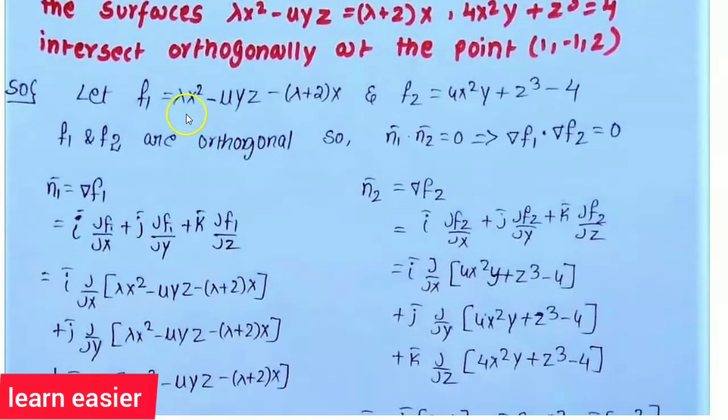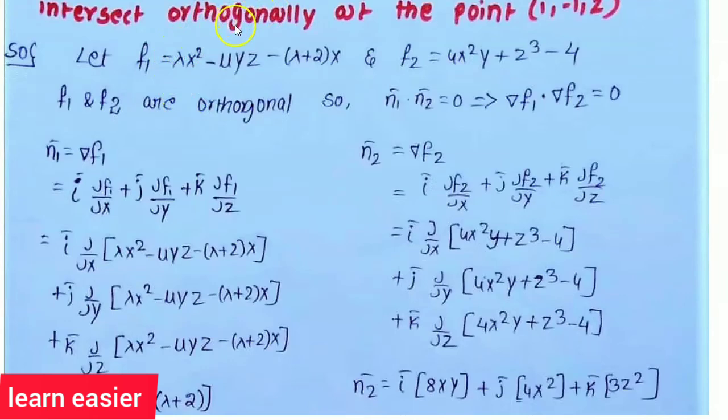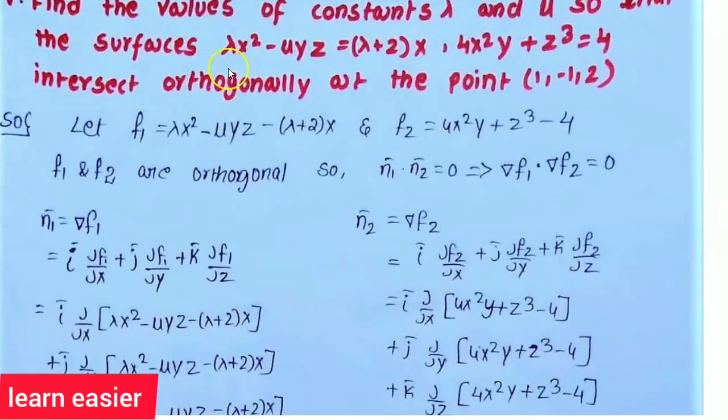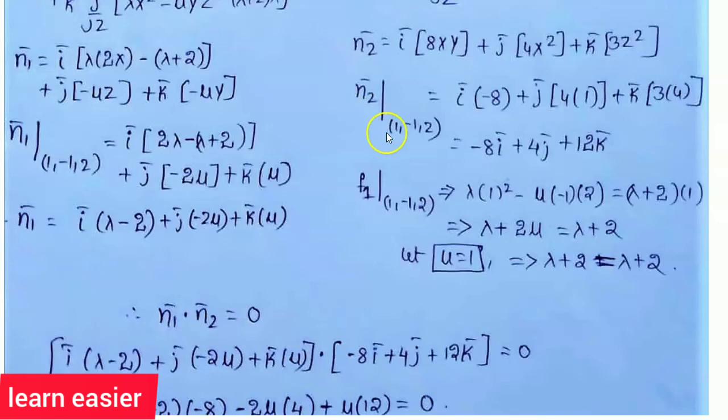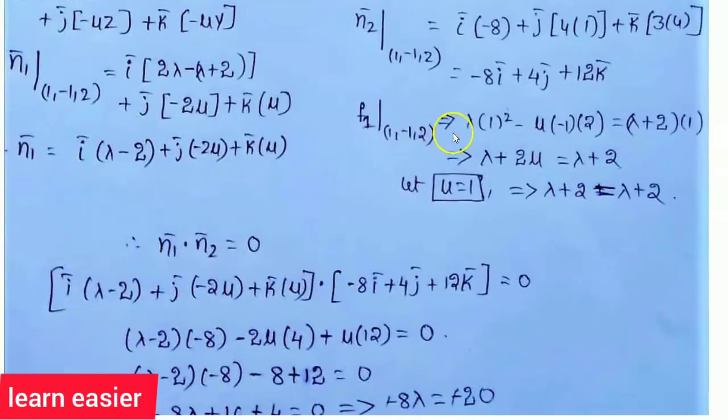Here is the function f1, lambda x square minus mu yz equals lambda plus 2x. So when we substitute 1 comma minus 1 comma 2 in the function, we get lambda into 1 square minus mu into minus 1 into 2 equals lambda plus 2 into 1.